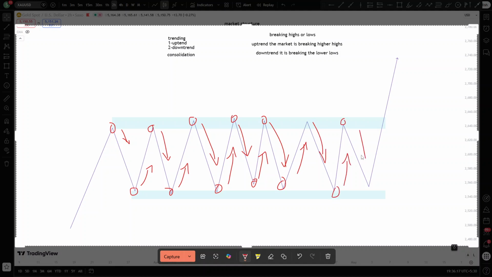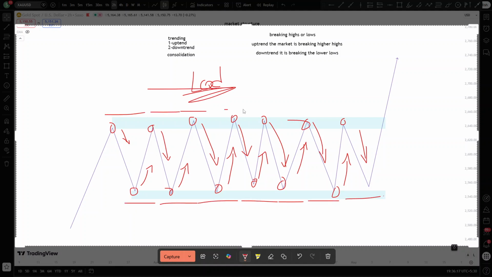It is very important to understand that when the market is doing something like this, it is creating liquidity. There are stop losses here and there, so there's liquidity everywhere in both directions.